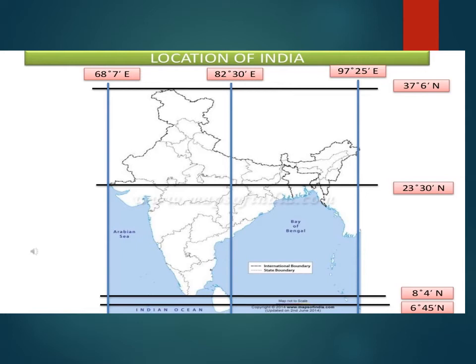If the question is the southernmost latitude of the Indian mainland, the answer is 8 degree 4 minute north, passing through the southern part, the Tamil Nadu region. But if the question is the southernmost part of the Indian Union, then we should consider the Andaman Nicobar Islands also. Then the answer will be 6 degree 45 minute north latitude.